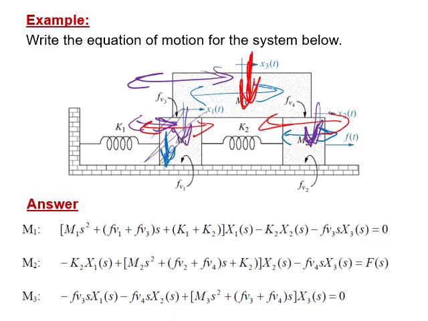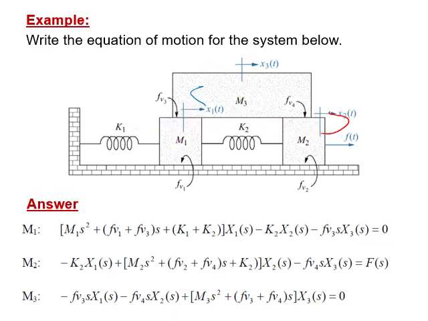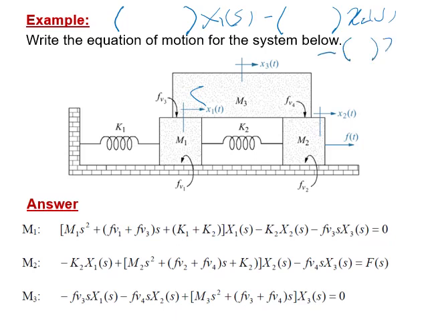Now, how am I going to develop the equation? Before I start writing the equation, I will apply the method mentioned earlier in the previous few slides. Since I have 3 degrees of freedom, my equations are going to look like this. Equation number 1: bracket X1 of s minus bracket X2 of s minus bracket X3 of s equal to the forces.